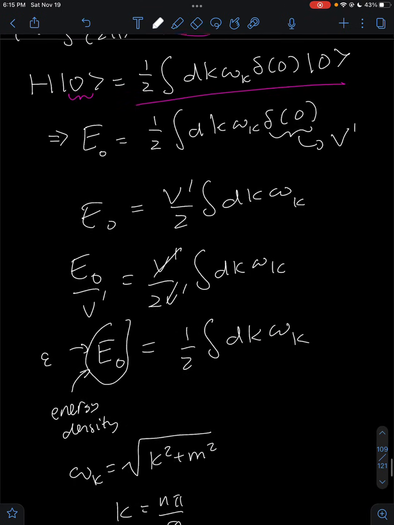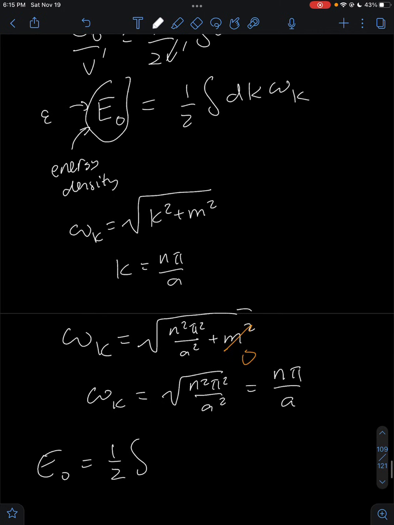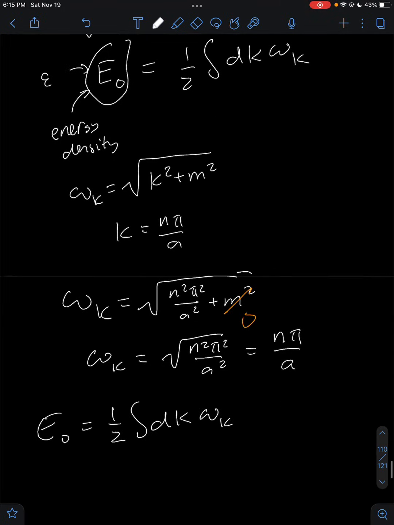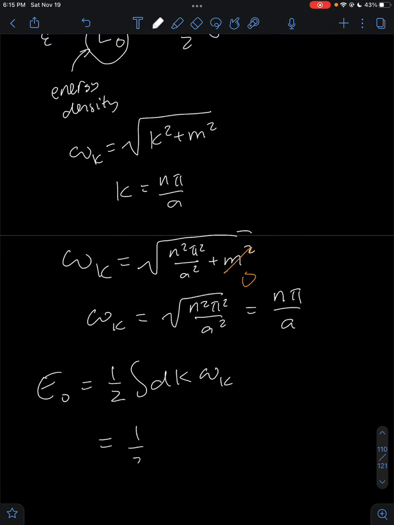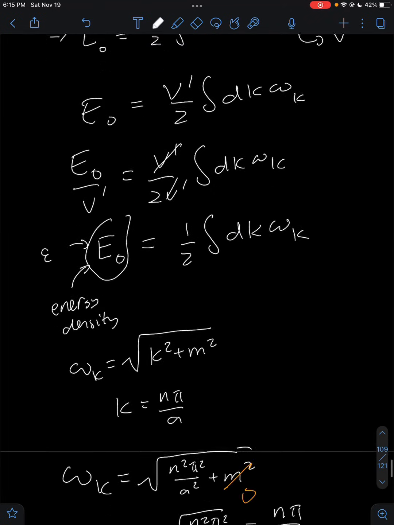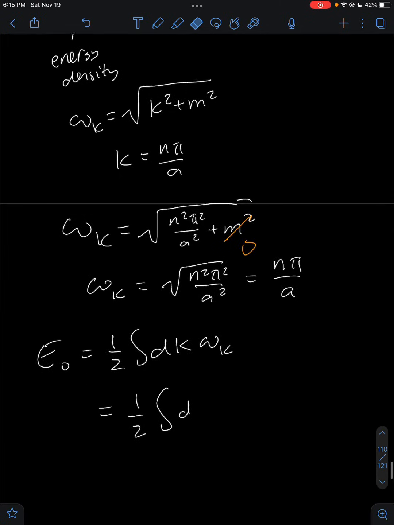times the integral of dk omega k, right? And since omega k is n pi over a, we really now have 1 over 2 times the integral over, actually wait. Not so fast. We don't want to integrate just yet.